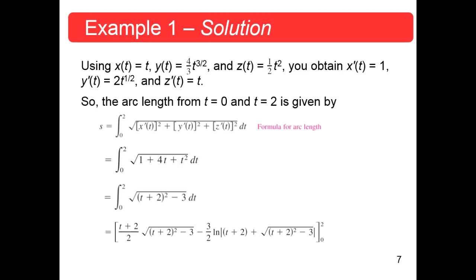Square root of 3 would be your a. And you've got the minus sign there. So if you go to the integration table in the back, you'll see that you get u over 2, where u is t plus 2, times the square root, exactly this integral here. They call it u squared minus a squared. It's exactly that integral. Radical. Okay? Then, that's the first part of the solution, minus 3/2.